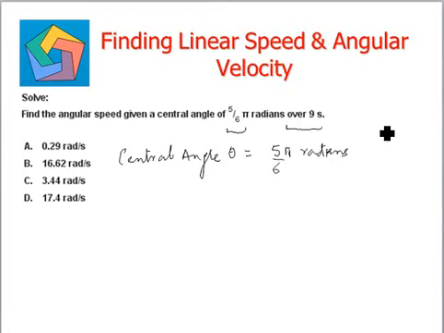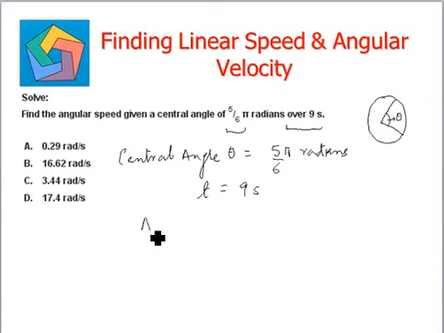So say for example, I have this circle over here and the central angle formed is this over here, that is theta. Now central angle is the angle swept out by the object in that period of time t. So here t time is given by 9 seconds.